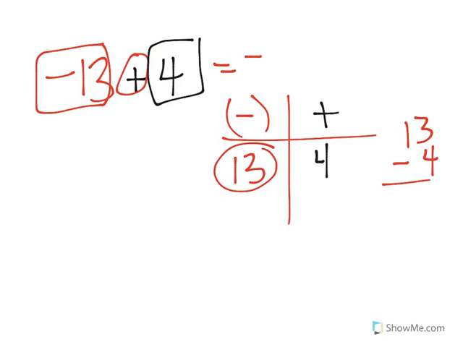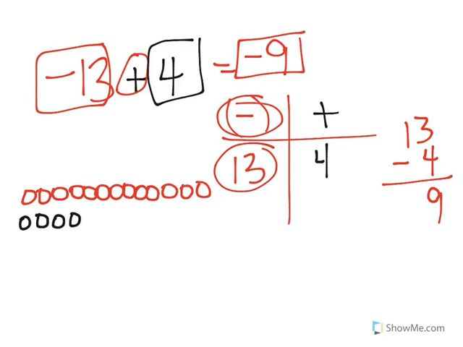Well, let's do this. 13 minus 4 is 9. So remember, again, pay attention. Your negative team won. That means it's negative 9. Do not forget the sign. Please, please don't forget. Now, just for your peace of mind, I'm going to draw the circles.